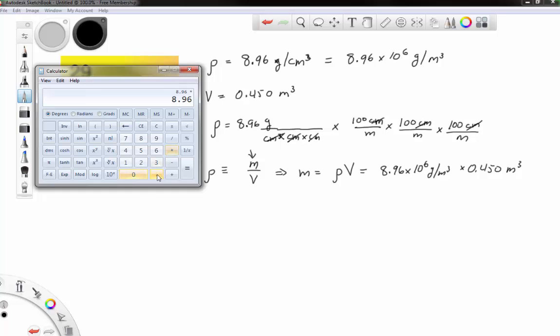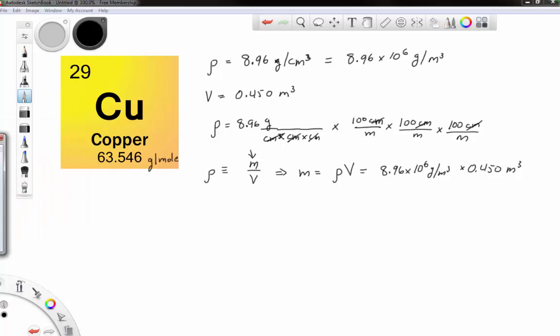So let's see what we have when we do that multiplication. 8.96 times 0.450 is 4.032. And then we need to include that times 10 to the 6th. So the total mass that we actually have is 4.032 times 10 to the 6th grams.